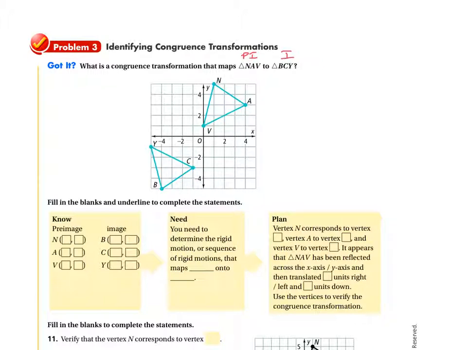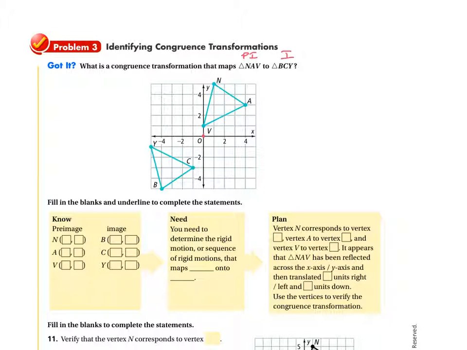And so let's look at NAV. And we're going to have to do some thoughts as to what might have occurred. So as I'm looking at NAV, I could have rotated it over here. I'm not sure. So if it rotated, it's possible that this could be the point of rotation, the origin, because that's generally something that we would rotate around.